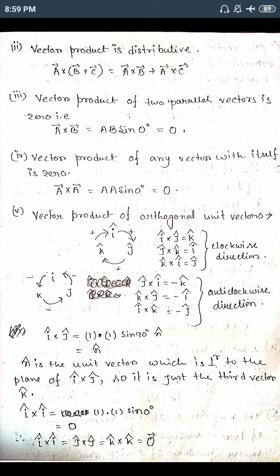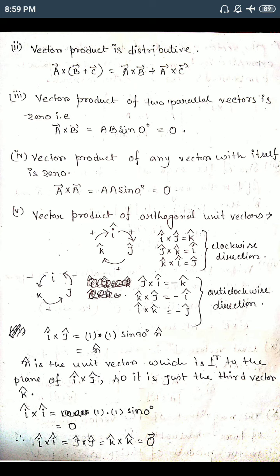If we move like this way, there are two figures, one in the clockwise direction and one in the anti-clockwise direction. In numericals, if I cross J is there, then it will be plus, and I cross J gives us the third unit vector, that will be K, because I, J and K are perpendicular to each other.